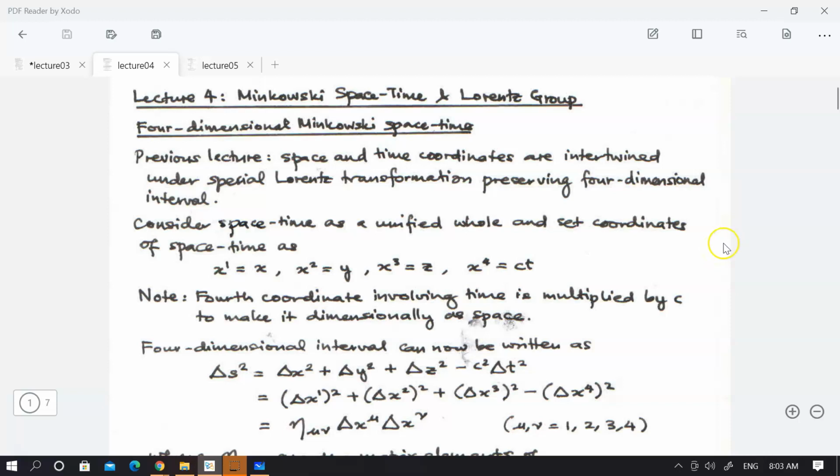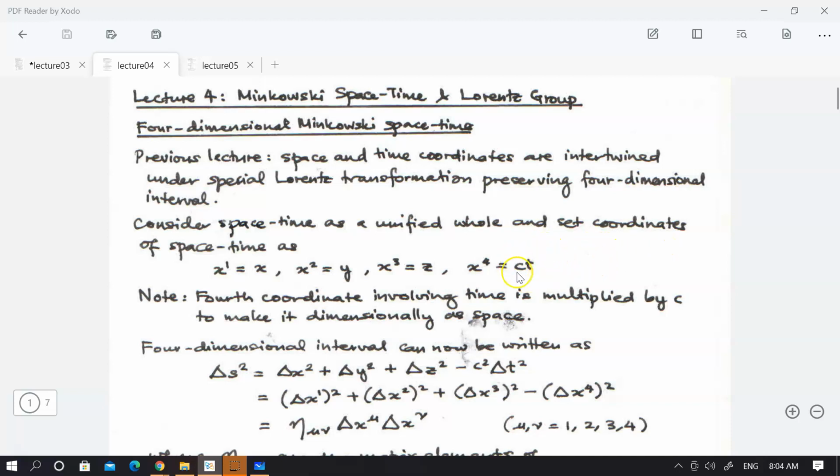But now in special relativity, we no longer can do that. And essentially your coordinates are given by 4 coordinates, the space, and then your 4th coordinate is given by time.